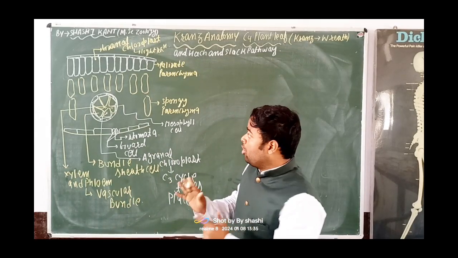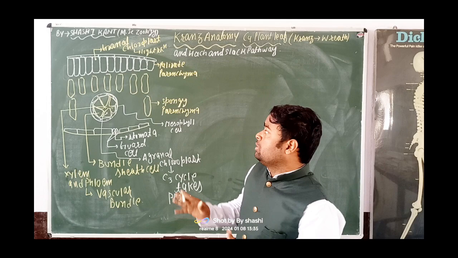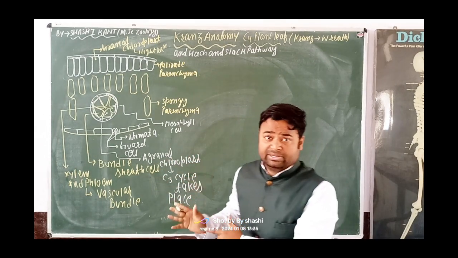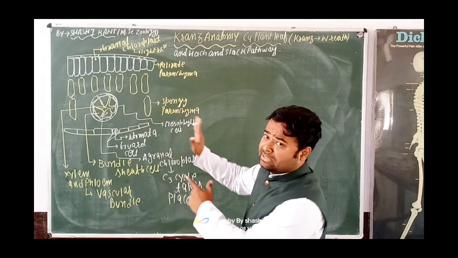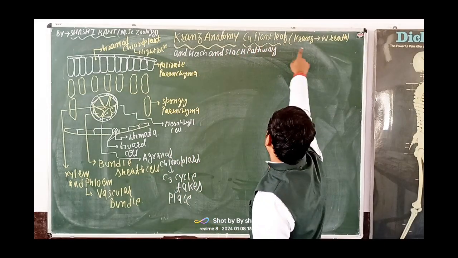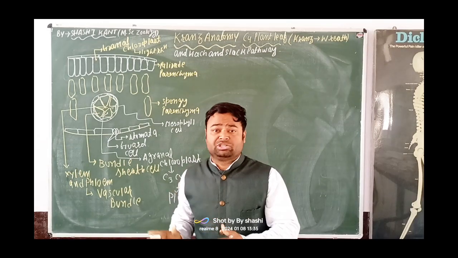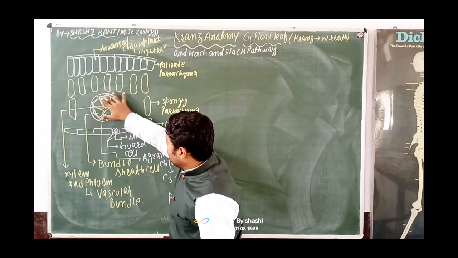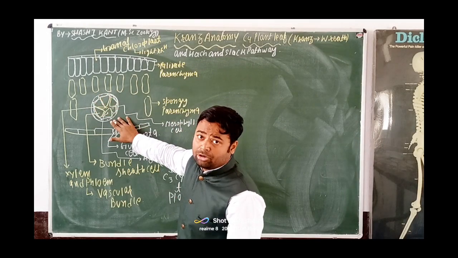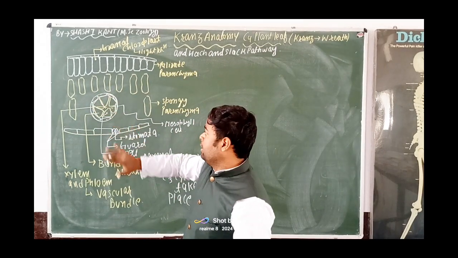I hope you all understood well how the C4 leaf appears. I have already mentioned the topic Kranz anatomy. Kranz means wreath-like structure. So, here we have to see the structure of the C4 leaf.